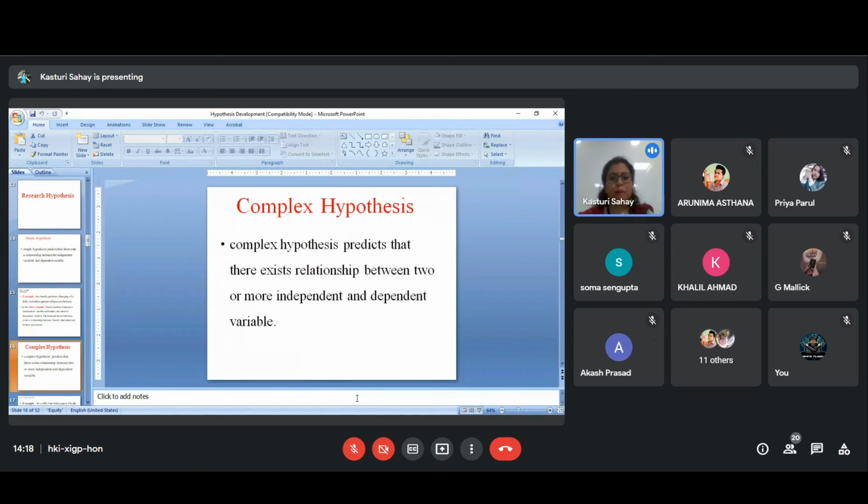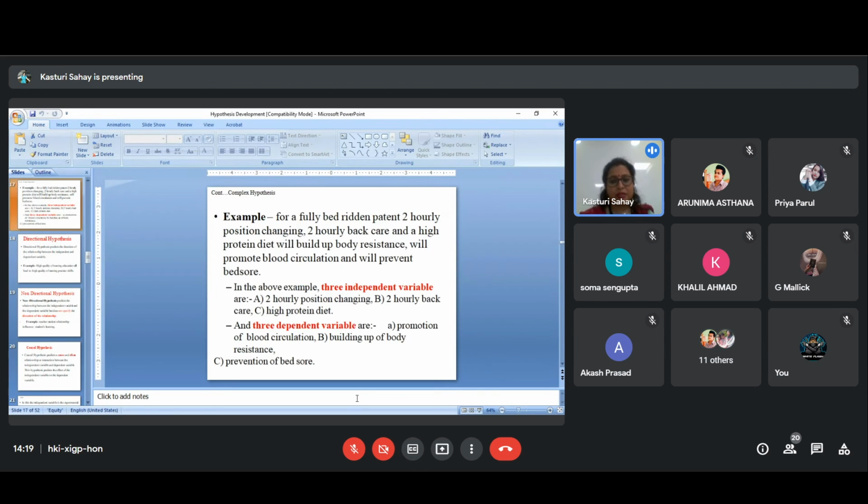Now we move to a complex hypothesis. Complex hypothesis is when you have 2 or more independent variables and dependent variables. For example, the same thing, we are extending it further. For a fully bedridden patient, too early position changing, too early back care, and a high protein diet will build up body resistance, will promote blood circulation, and will prevent bed sore.